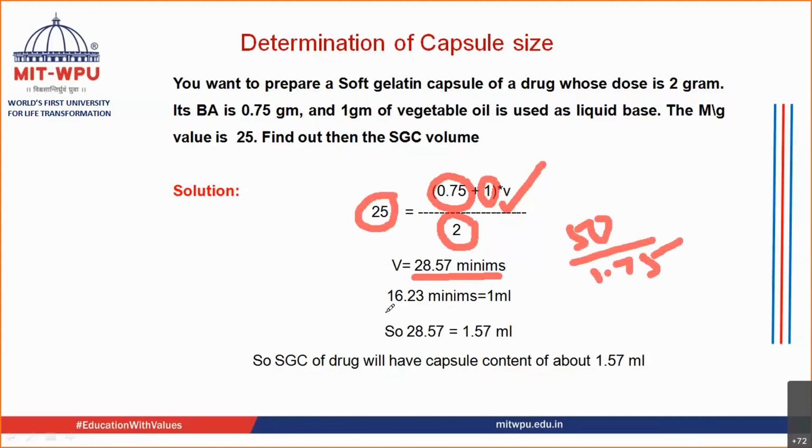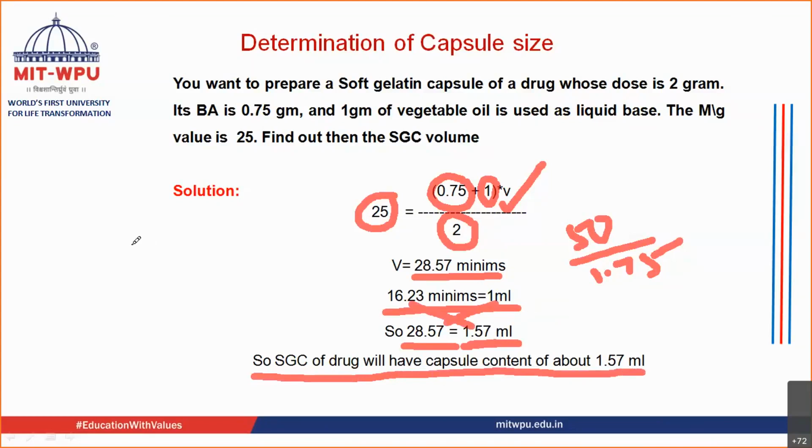The conversion factor is 16.23 minims equals 1 ml. So 28.57 minims is 28.57 into 1 divided by 16.23. The value that comes is 1.57 ml. So the SCG of the drug which needs to be encapsulated is 1.57 ml.